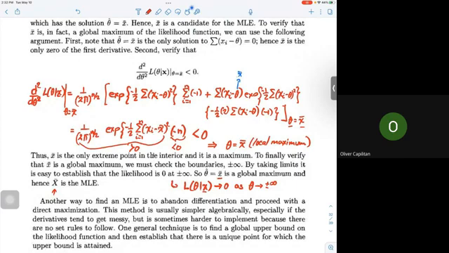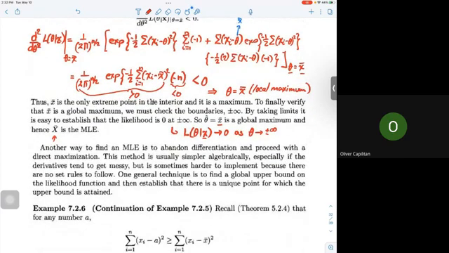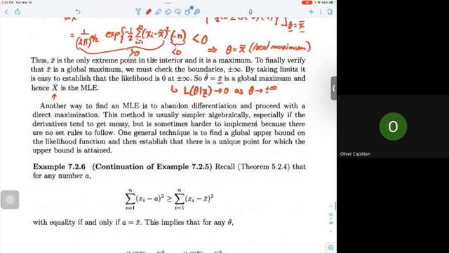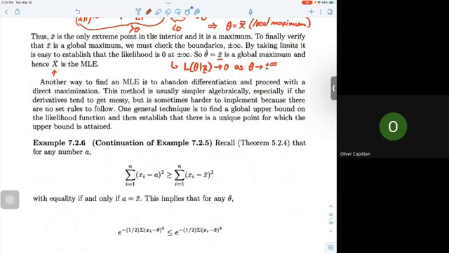Maximum likelihood estimator. So another way to find an MLE is to abandon differentiation and proceed with a direct maximization. This method is usually simpler algebraically, especially if the derivatives tend to get messy, but sometimes harder to implement because there are no set rules to follow.